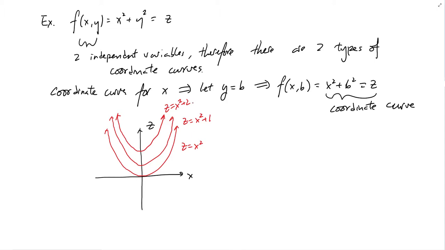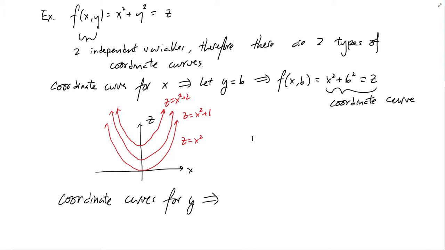Now with that being said, maybe you can try to find the coordinate curve for y. If you want to pause for a minute to do that yourself and then check my answers, you could.